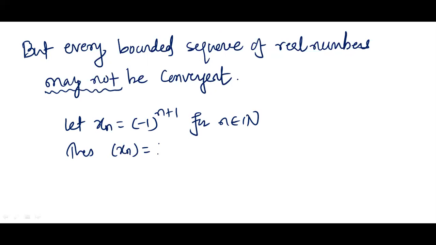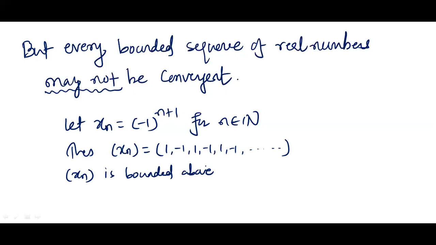sequence xn is a sequence whose terms are 1, -1, 1, -1, 1, -1 alternatively, and you can say that xn is bounded above because each term of the sequence is less equal 1. Means we have a real number 1, so that each term of the sequence is less equal 1, therefore it is bounded above.